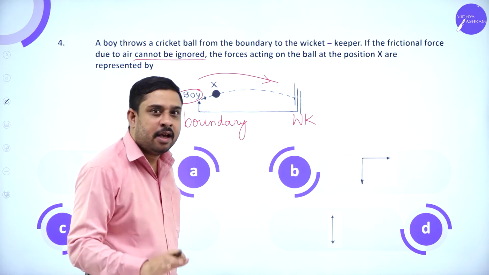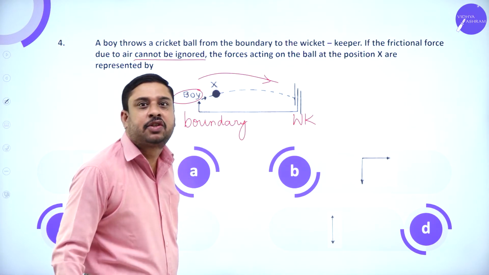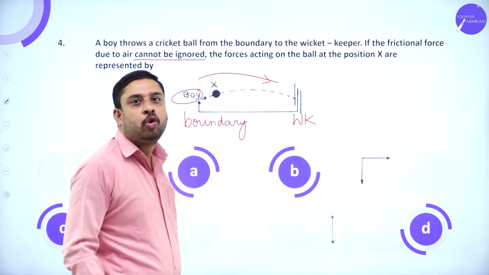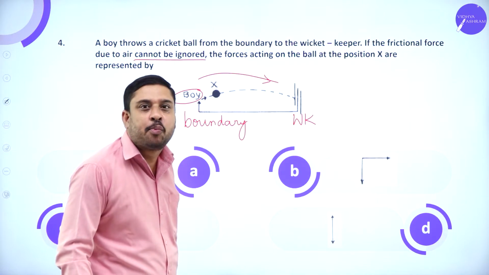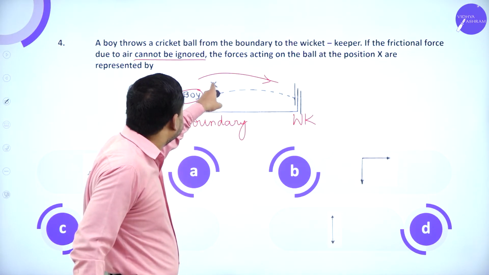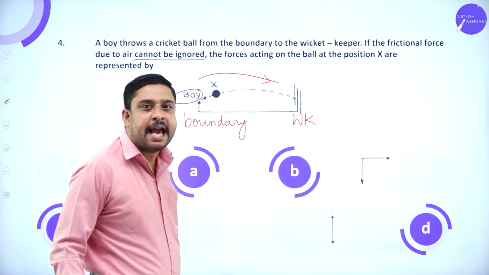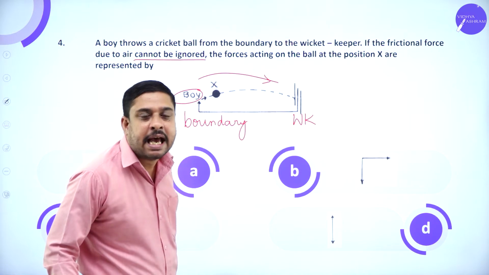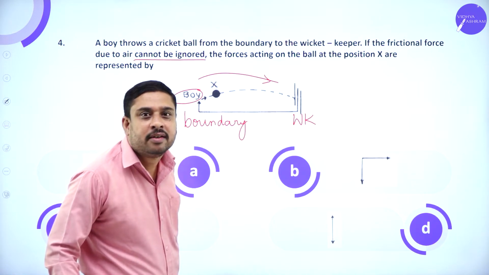He says you cannot neglect the frictional force. Now, friction due to air has to be considered. Then at this point X, which are the different forces acting on the ball?